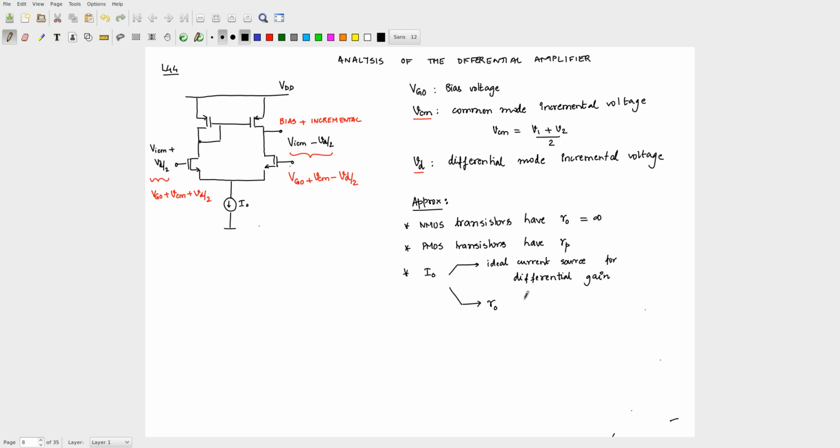So this essentially means R0 is infinite, right? You may have some R0 like this, and R0 is finite when calculating the common mode gain.